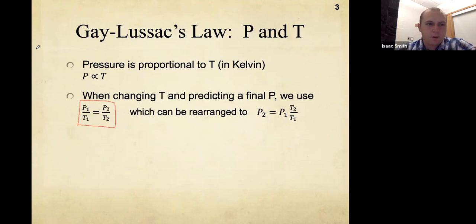And if you remember where this came from, I'm going to come back to this a few times in this lecture, but our ideal gas law, which we haven't really talked about yet, is PV equals nRT. This is really all you need to remember. There are going to be maybe 4 or 5 different gas laws. They all stem from this idea right here.